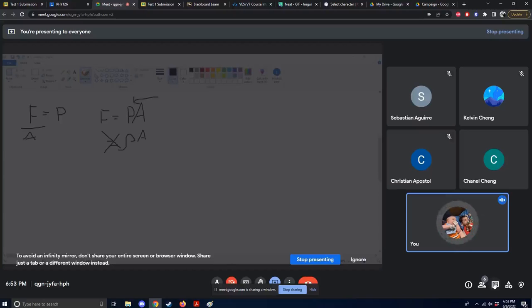There were some people who, when they did their answer for part A, instead of writing it out completely, said the sum of the torques equals 0, and then immediately jumped to saying force in the y times the distance, I think it was 1.5, and then had the full answer like 3,000 plus 250.